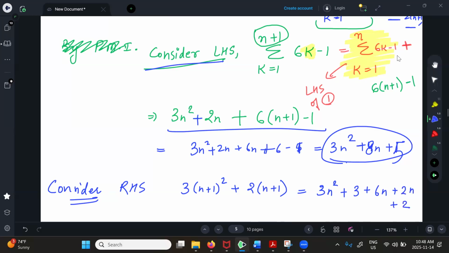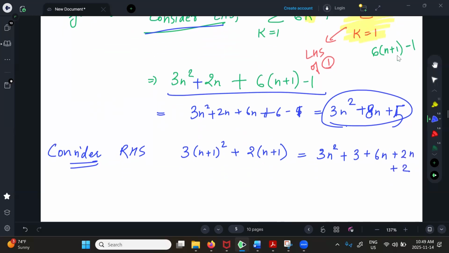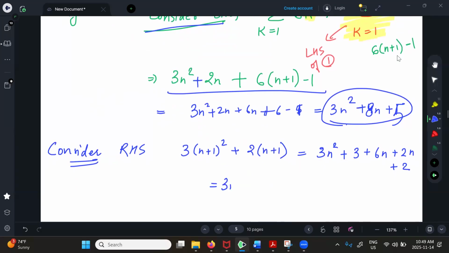I just open the brackets. And you see, this looks exactly like it. So sometimes, just like the trick proofs, we have to simplify the left-hand side as far as we can, then do a little bit of simplification on the right-hand side, and then they are an exact match.